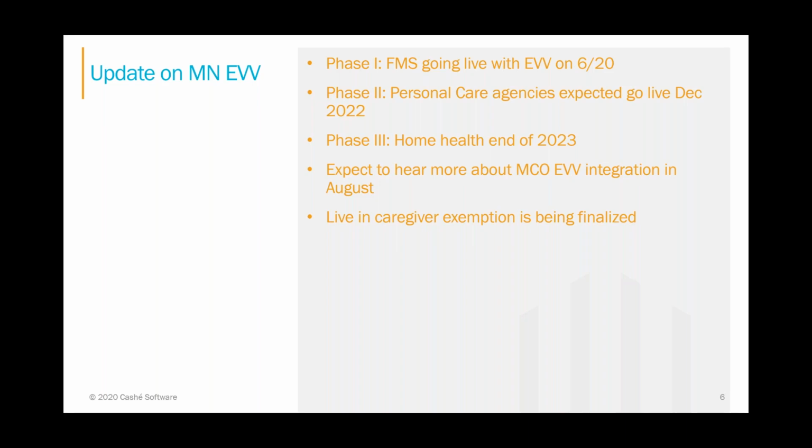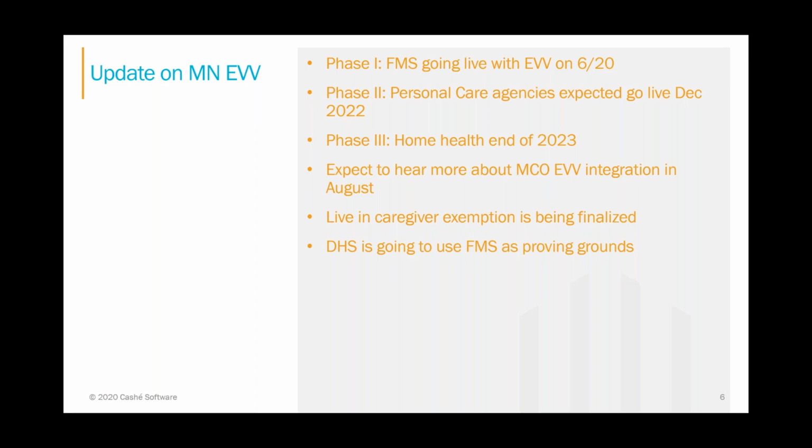DHS is thinking about not having them clock in and clock out every day, because that's not practical. Now, of course, if you have an external caregiver who comes in the house, that person would need to clock in. But if you're a live-in caregiver, then they're putting together some instructions or some approaches about how to do that and not have to make it burdensome for the caregiver. So we'll hear more about that, and as we hear more, we will update you on that.